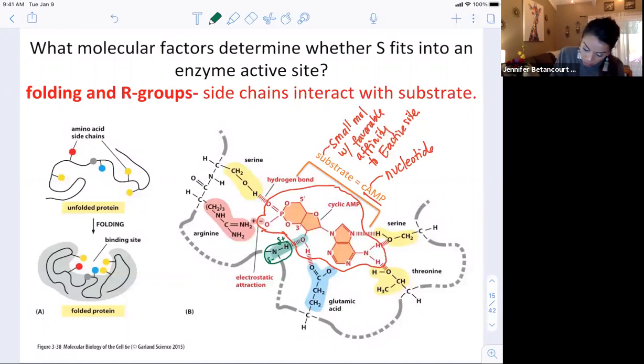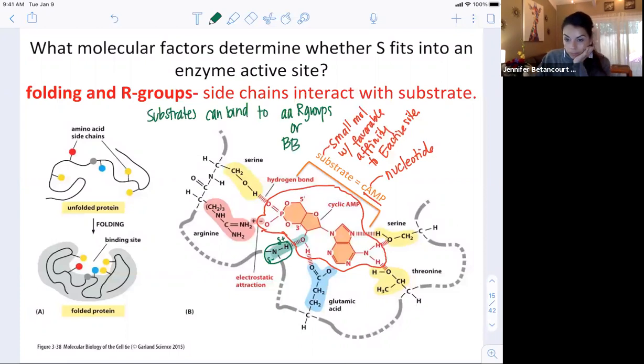Substrates can bind to amino acid R groups or the peptide's backbone. We don't have to go through each of them because I think we have covered this topic pretty in depth.